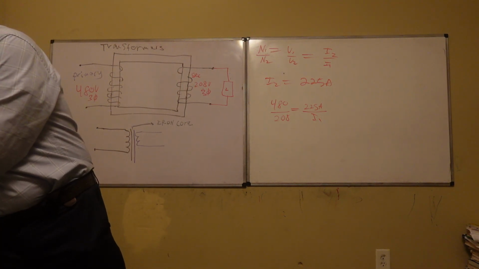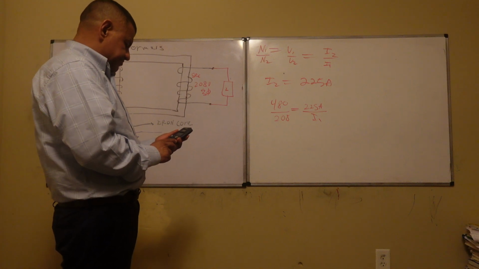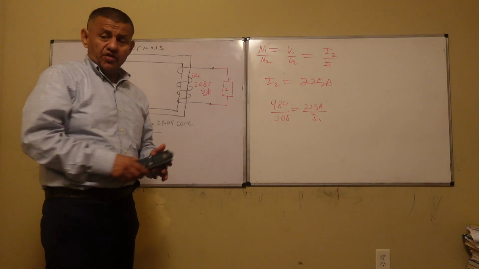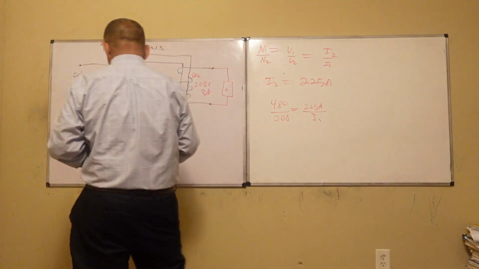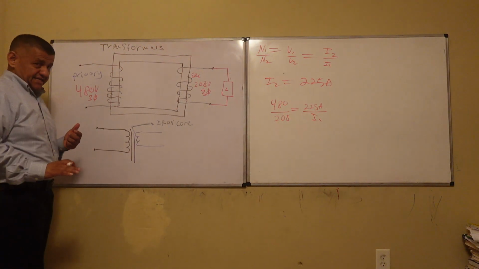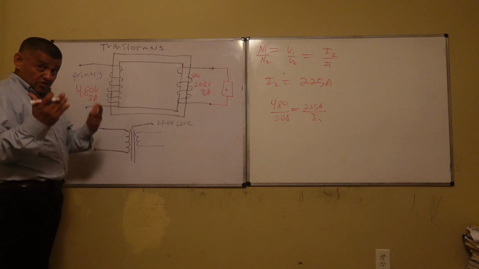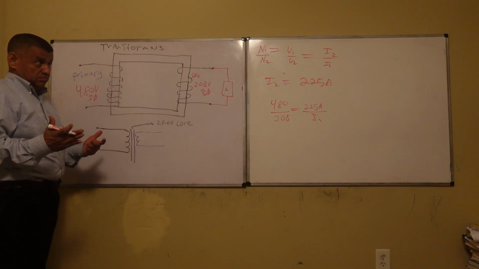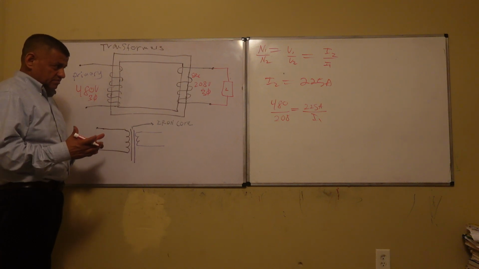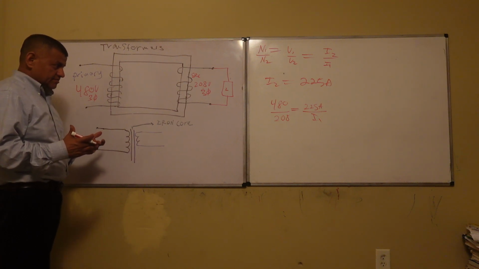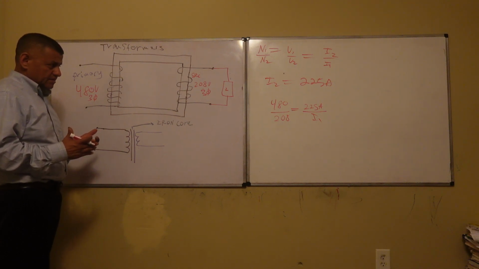Okay, let's do that. Another thing I want to explain right here, real quick. Another thing that is true about this transformer is that, given the physics, please don't focus too much on me as a physicist; I'm here to teach applications of electricity, but the theory holds.